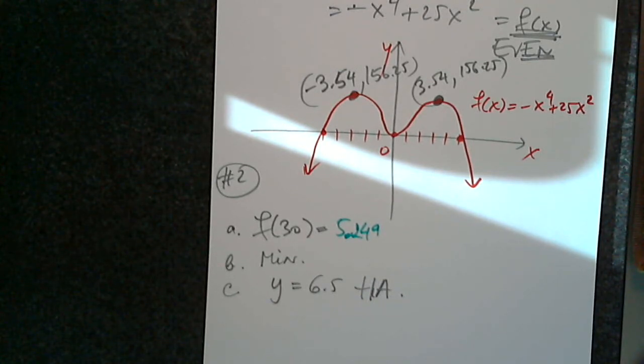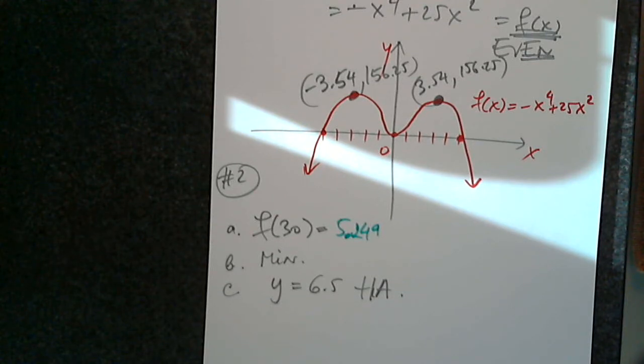Very good. Now we're asked to find the minimum. So second and calc, we want to find the minimum, which is number 3. I see from the graph that the minimum is somewhere between 0 and 4.